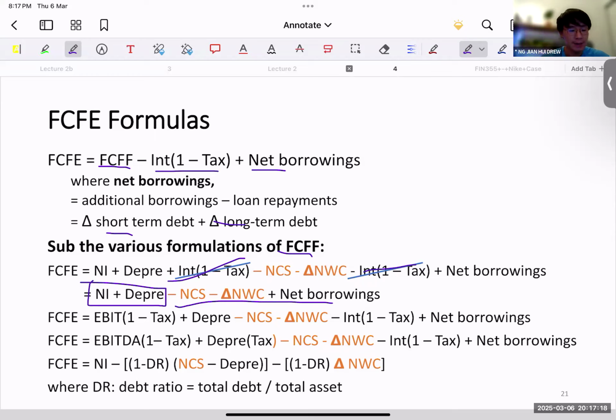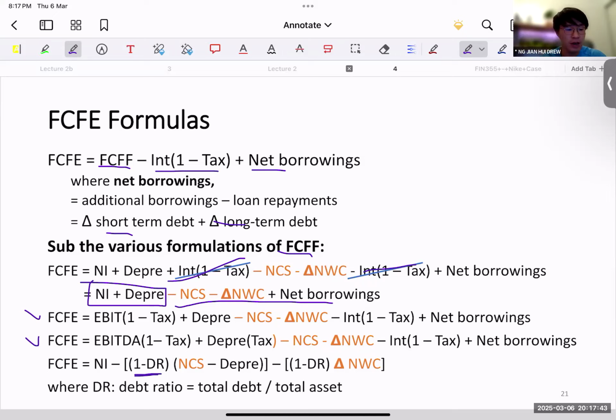Similarly, we can substitute the EBIT and EBITDA versions as well, as you can see here. Last but not least, I just want to highlight this one. The last formulation might actually be the more important formulation, in the sense that even in your TMA, you are required to use this debt ratio formulation here, right?